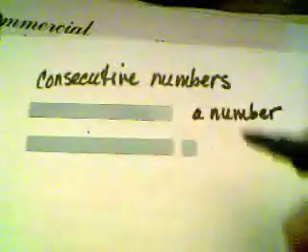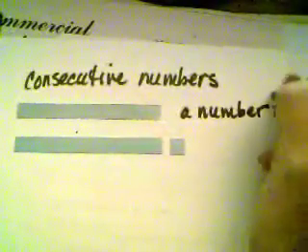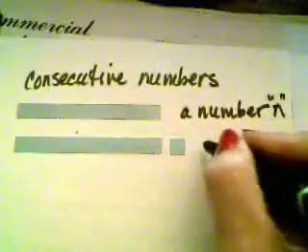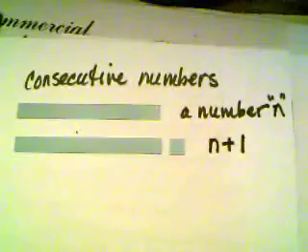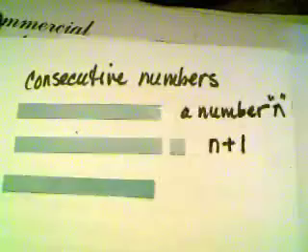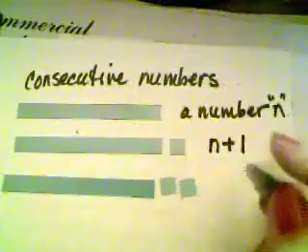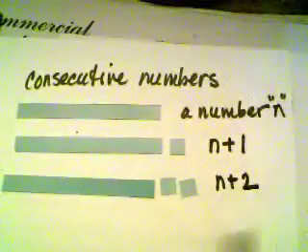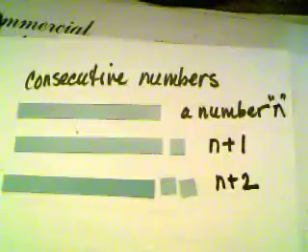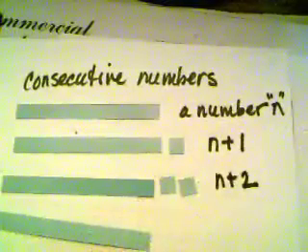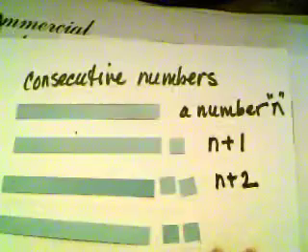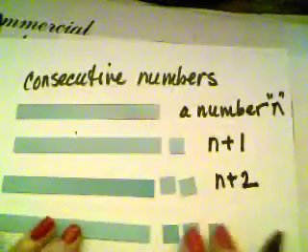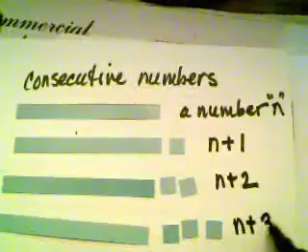So if I let this number be n, then the next consecutive number would be n plus 1. The next number after that would be n plus 2, and the next number after that would be n plus 3, and so on. These are consecutive numbers. They're numbers one right after the other without skipping any. So this would be the number plus 3.